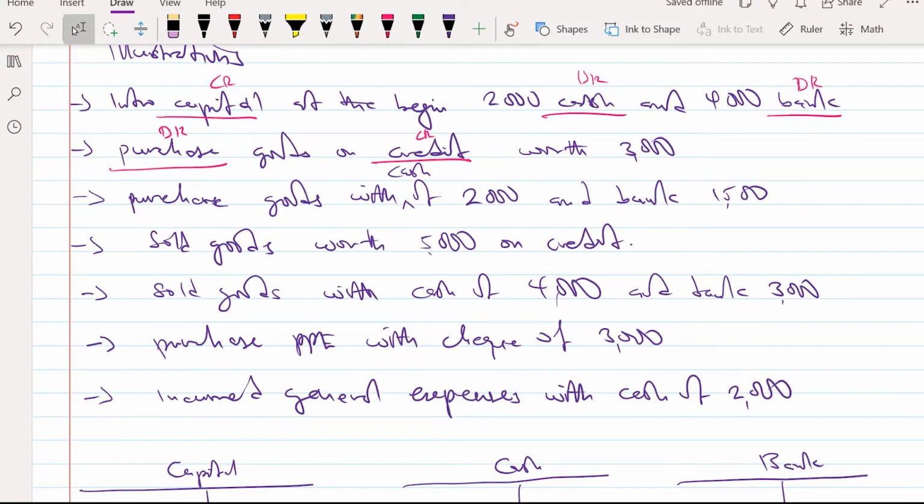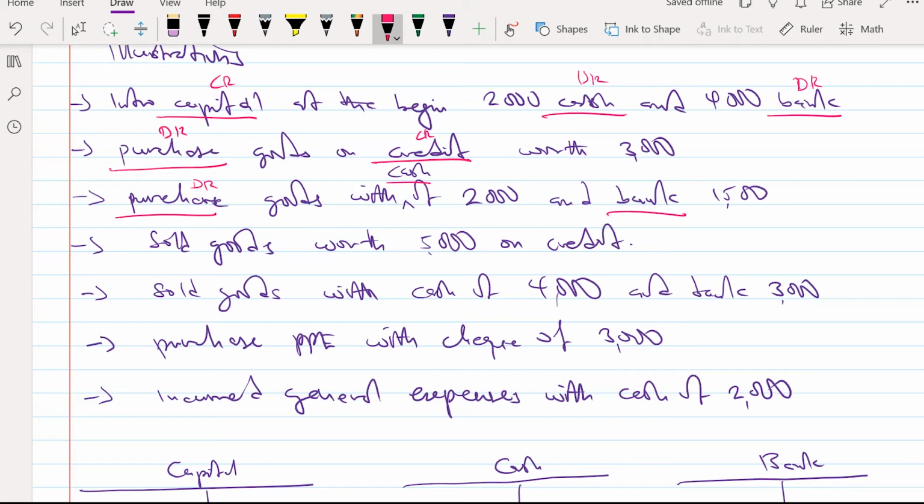On the other hand, we have purchased goods with cash of 2,000 and bank of 1,500. Again, like I've always said, we need to identify the accounts: we have the purchase account, cash, and bank. Looking at the purchase itself, you are receiving something, which is the goods, and you are giving out cash and bank.